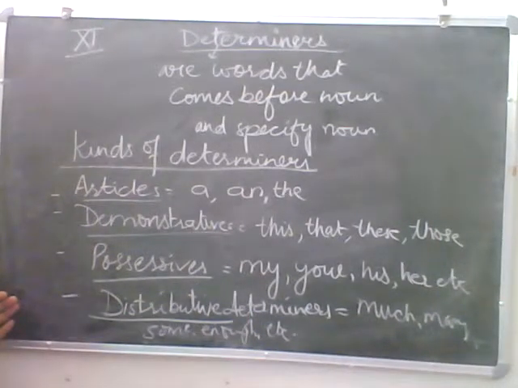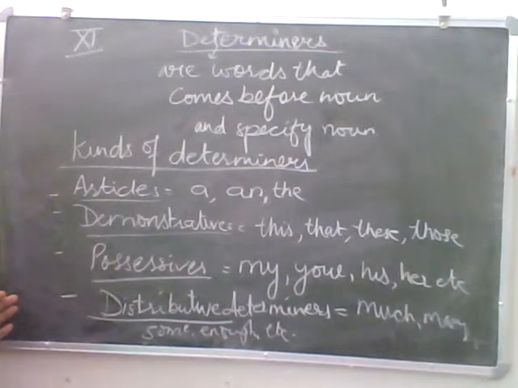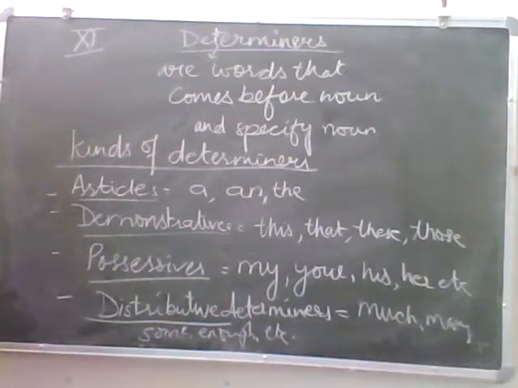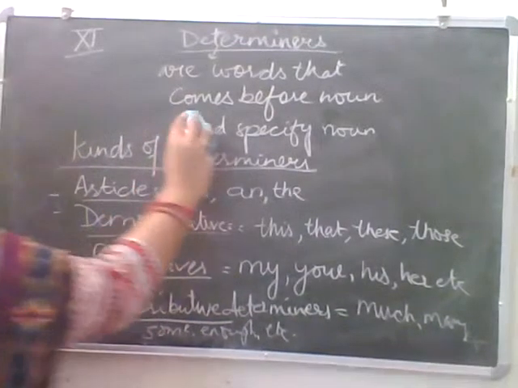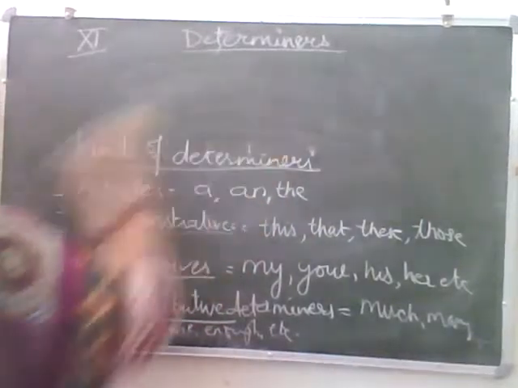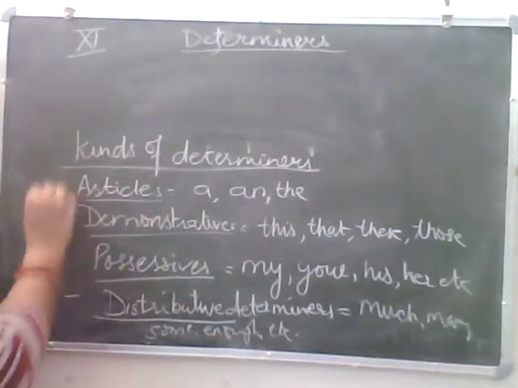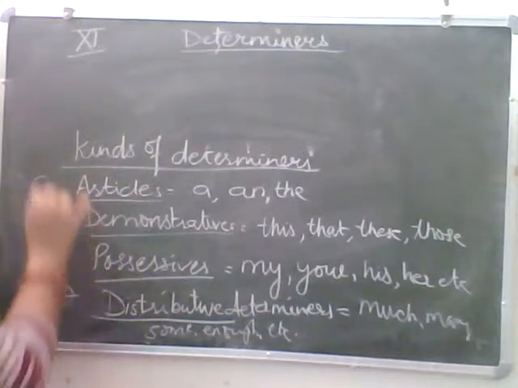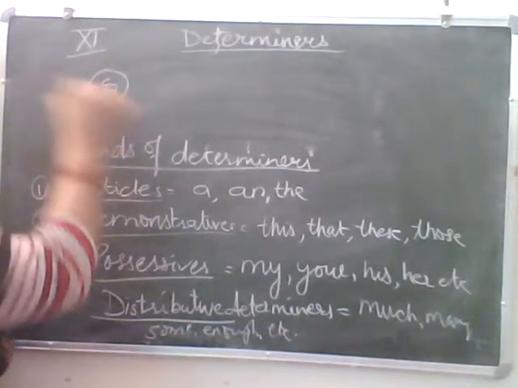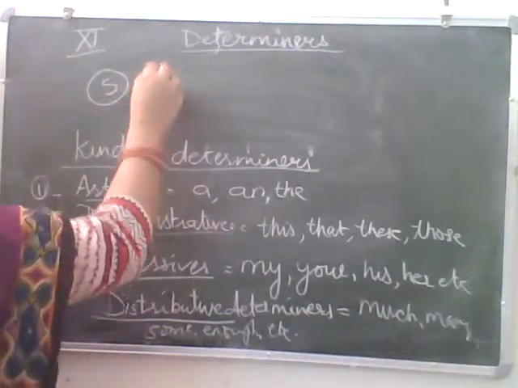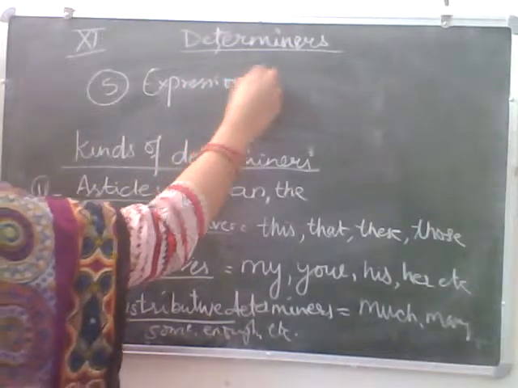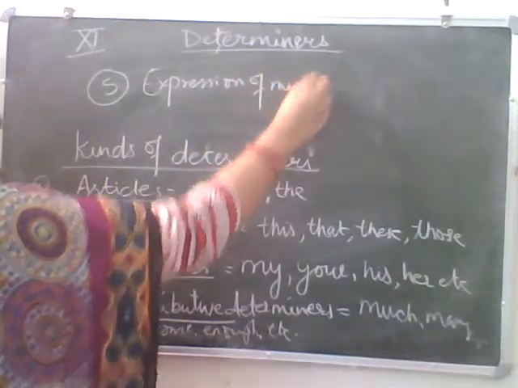And the last determiner, which we call the numeral, or expressions of number. Another determiner is expressions of numbers.